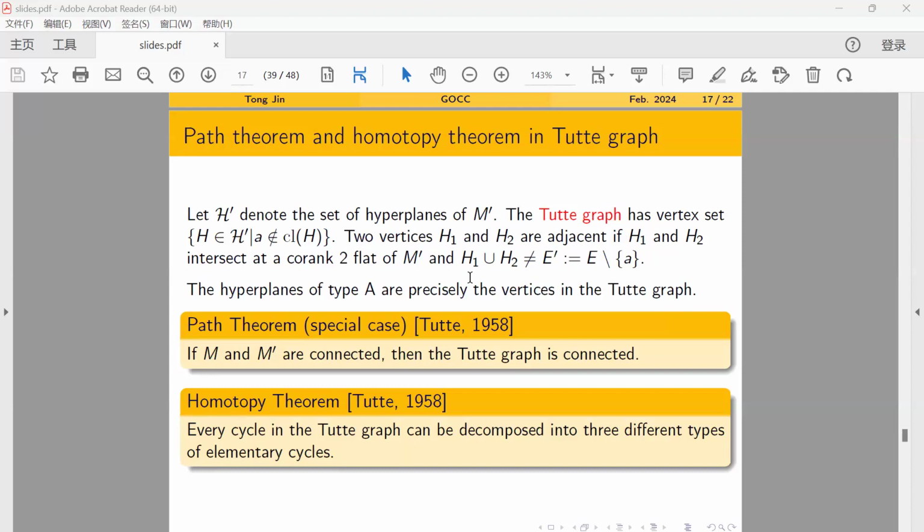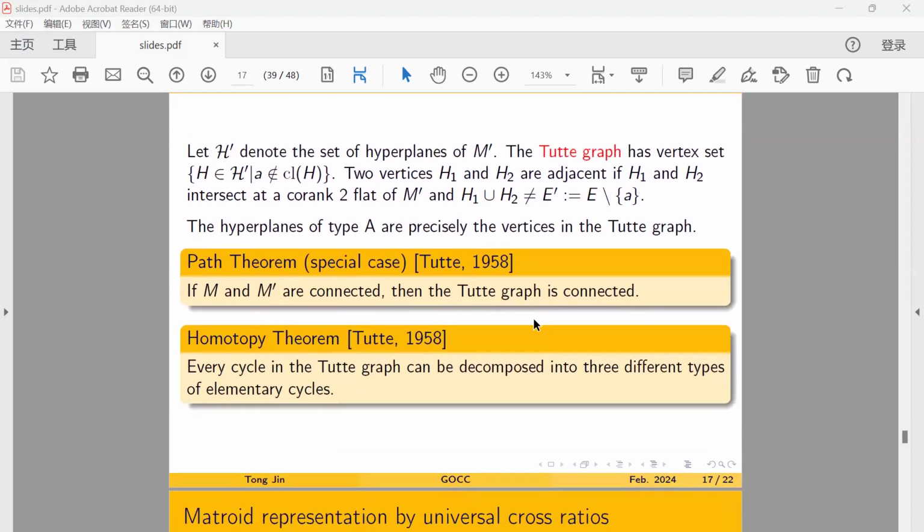And that is the path theorem. It is a special case of the fundamental theorem of the convex subclasses of matrices.